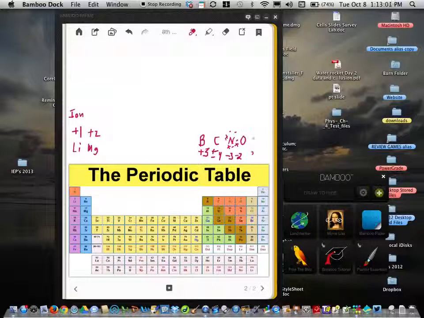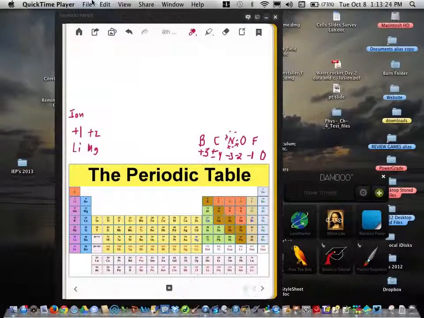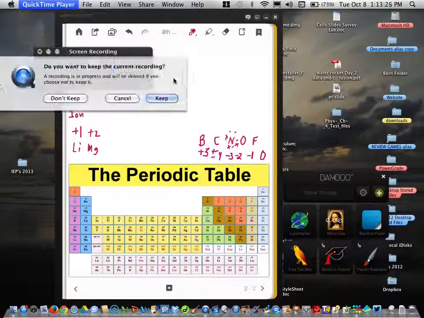Fluorine gets 1 electron, so it becomes negative 1. And all of these, all the noble gases, they are 0 because they don't give electrons or get electrons. Okay? It's going to take some practice, and that's what we're going to do now.